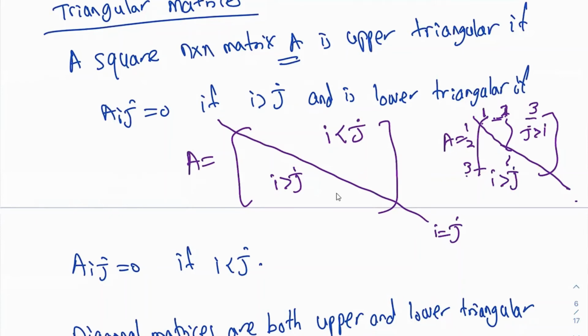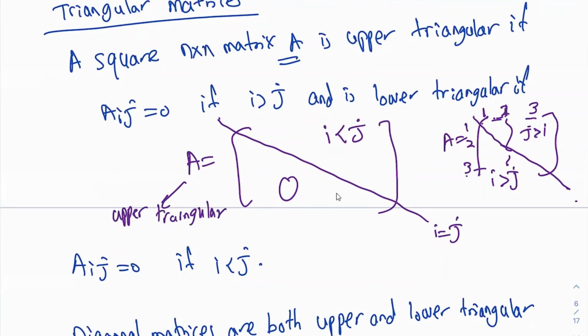Okay, good. Now, aij is equal to 0 if i is greater than j. Where are we? We are here. If this is the case, then we have an upper triangular matrix, so elements below the main diagonal are 0.